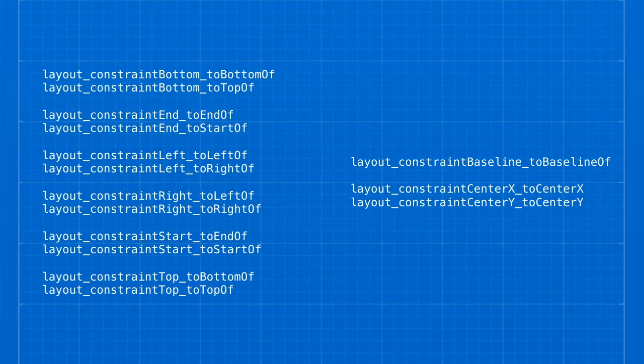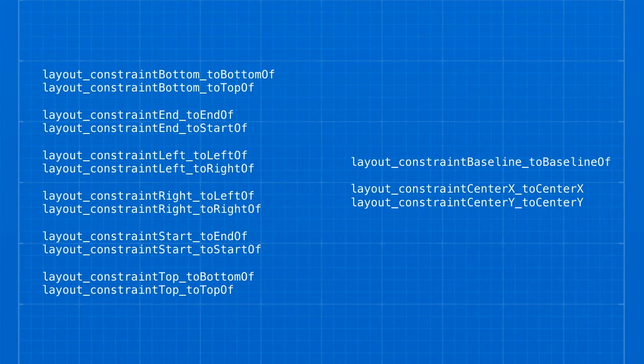Not terribly scary. Right? If you've worked with XML layouts before, especially if you've worked with relative layout, this doesn't look like a whole lot of magic. You basically are defining a relationship between the view that has the attribute and some target ID. Nothing crazy. And those constraints are defined in terms of those same edges: bottom, start, and left, right, all of that.